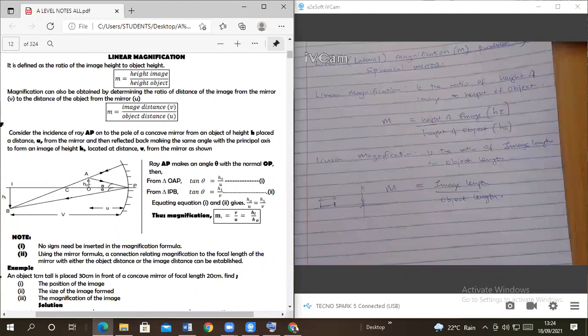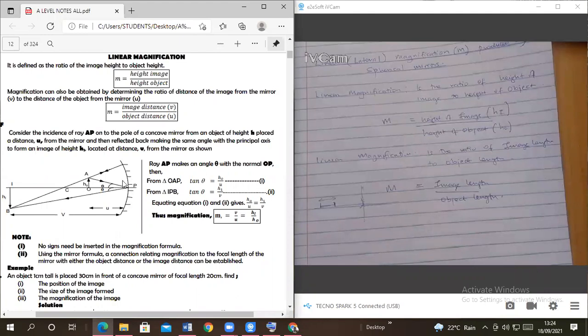So this is the object placed at a distance u from the mirror, and then it is reflected back. The ray that comes from the top of the object is reflected back, making the same angle with the principal axis to form an image of height h located at distance v from the mirror as shown.